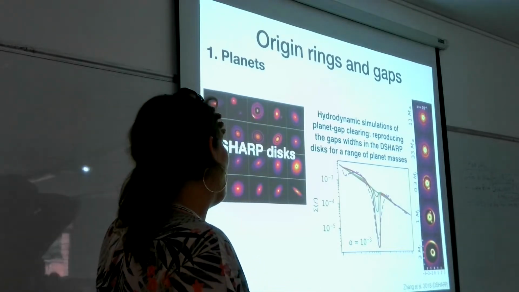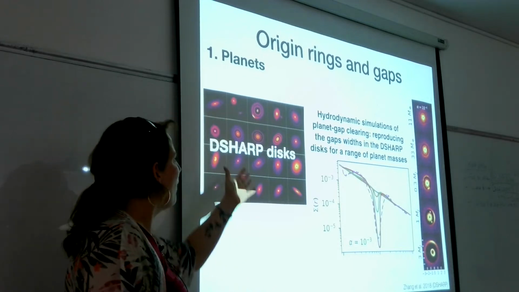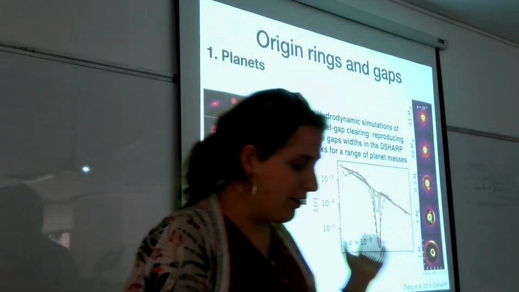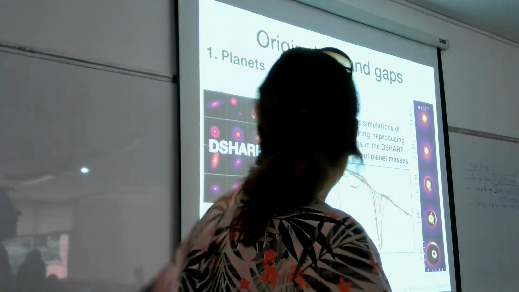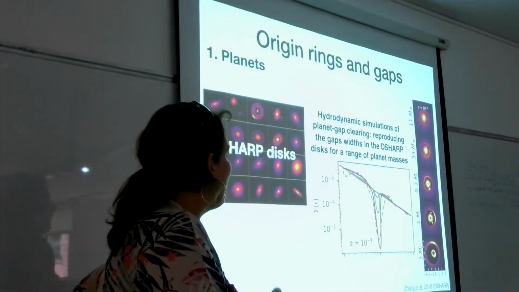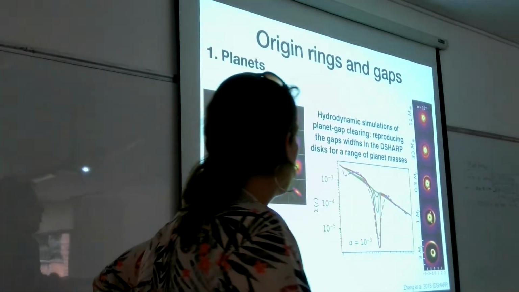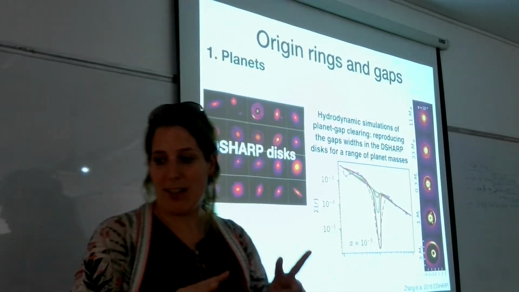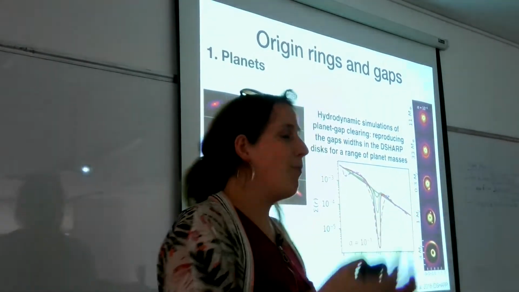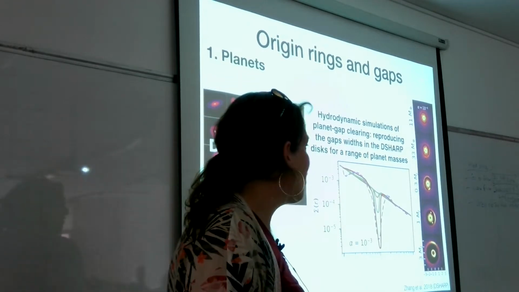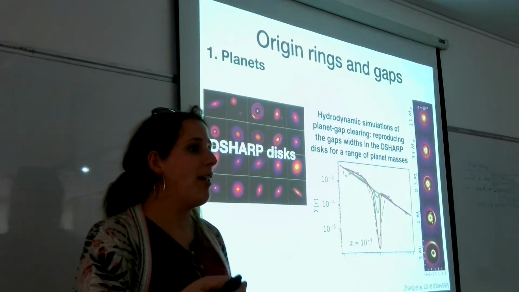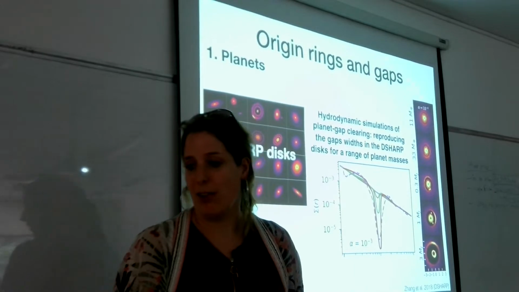Some attempts that people have made at explaining these disks, like these sharp disks, with planets, is by hydrodynamic simulations of planet-gap theory. So they try to reproduce the widths of the gaps with these planet-disk interaction simulations. Then based on that, they fit a planet mass at the location of the gap.